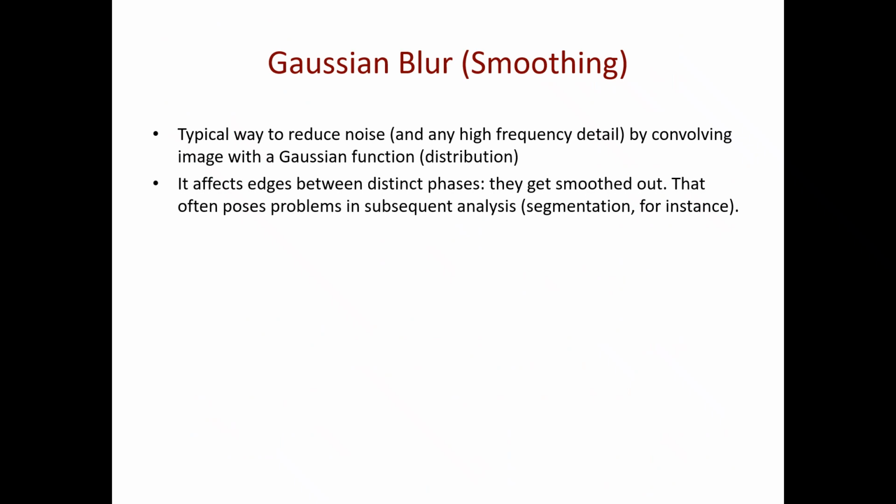So often Gaussian blur or smoothing, which is if I wanted to remove wrinkles from my face or any kind of thin lines, that's a way to reduce noise, is typically convolving with the Gaussian function. Now, what would the Gaussian function look like over 3 by 3, right? How does a Gaussian look like?